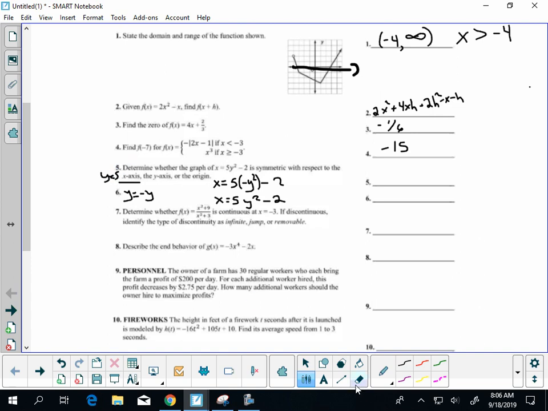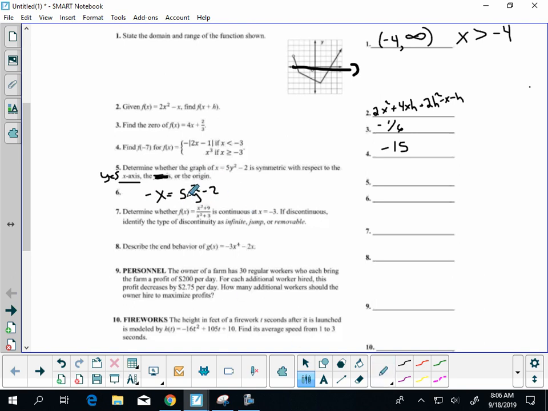Going to do the same thing with the y-axis. And you should get, let x equal negative x. So you take out the x, put in negative x. When you simplify that, you don't end up with what you started, so that one is a no. For the origin, you take out x and you put in negative x.